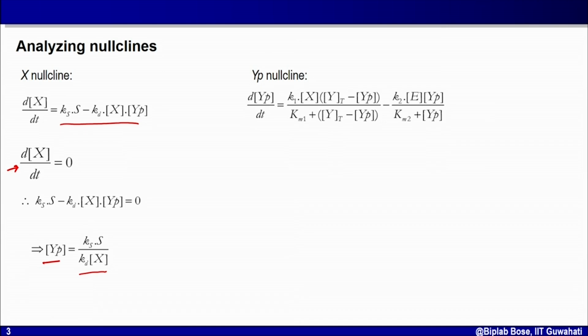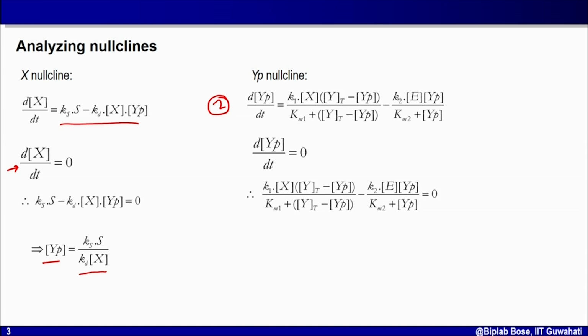Let us now look into the Yp null line. To get the Yp null line, start with the second ODE representing Yp, dYp/dt. I will consider dYp/dt equal to 0 because I want to calculate the Yp null line. So I put 0 in the second ODE.